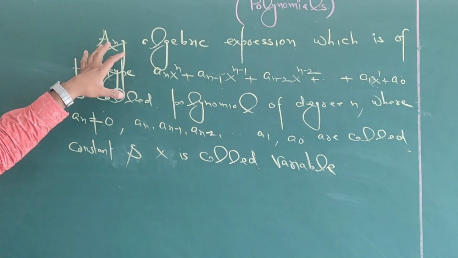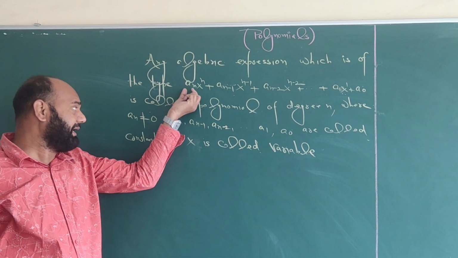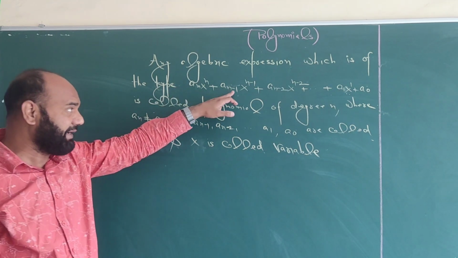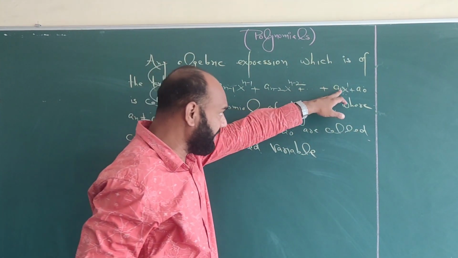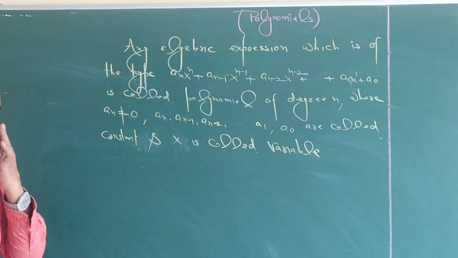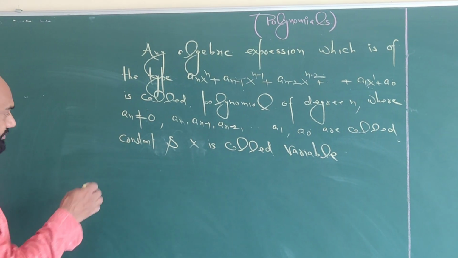So for any expression of degree n, An must never be equal to 0, where An minus 1, An minus 2 and up to A1, A0 are all said to be constants and X is said to be variable.